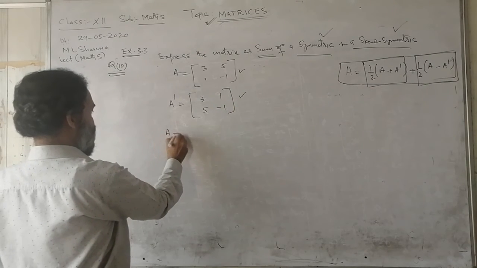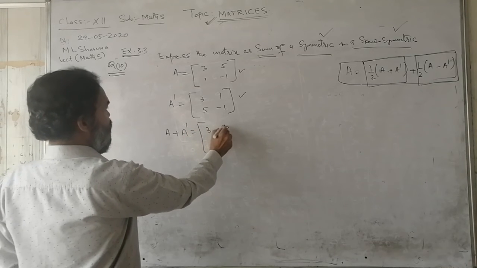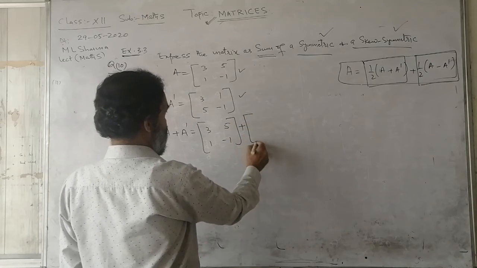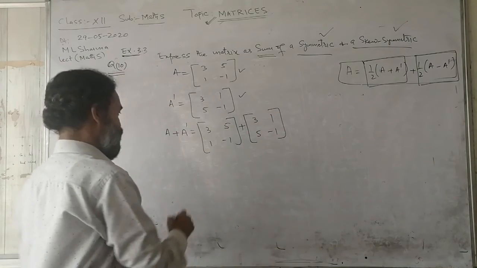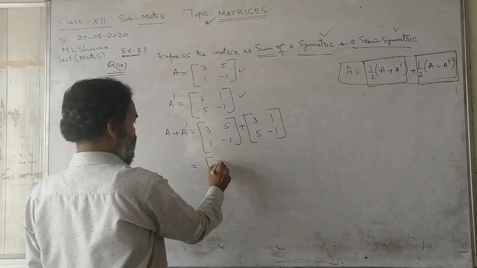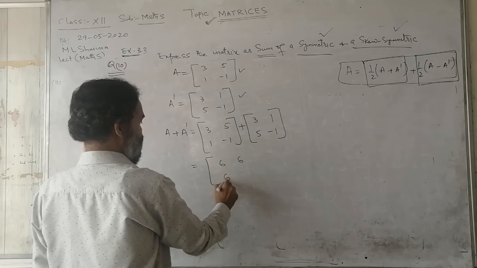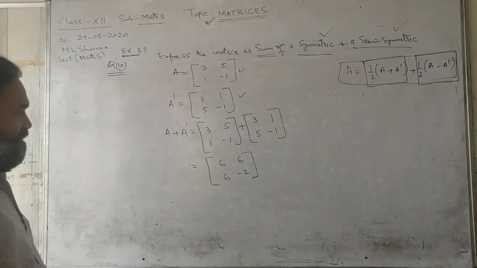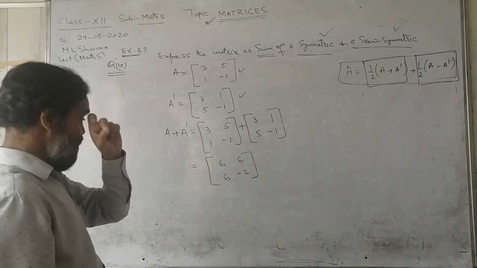If I add A plus A transpose, on addition this will again be a matrix: 3 plus 3 is 6, 5 plus 1 is 6, 1 plus 5 is 6, and minus 2 here. This is the matrix obtained by adding the two matrices A and A transpose.